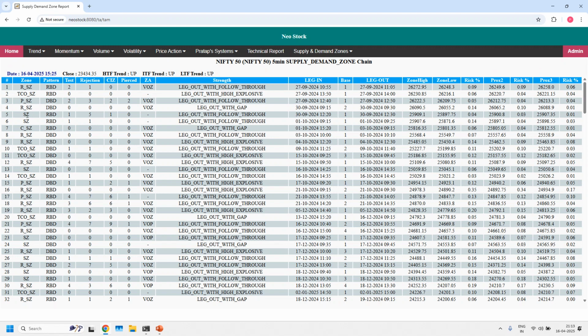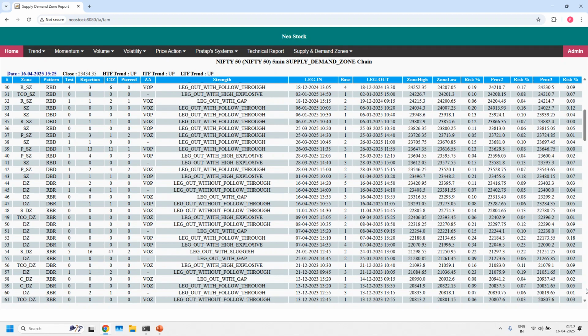All are supply zones. Scrolling the list down, 44 is the nearest demand zone to the current closing price. So this is about the Nifty supply demand zone chain.